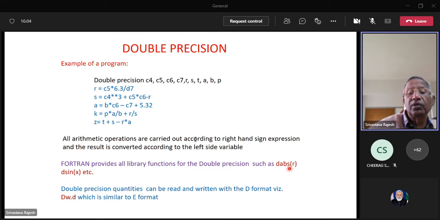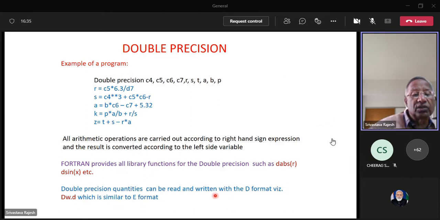If you write ABS wrongly, like I have declared R as a double precision quantity and I write ABS, then it will give you a syntax error in your program that a wrong operation is done here, so the absolute value is not taken correctly. So be sure that if X is declared double precision, then you use the D version.